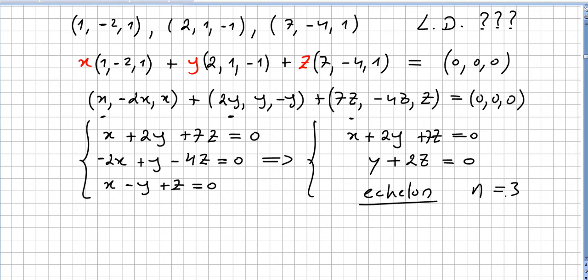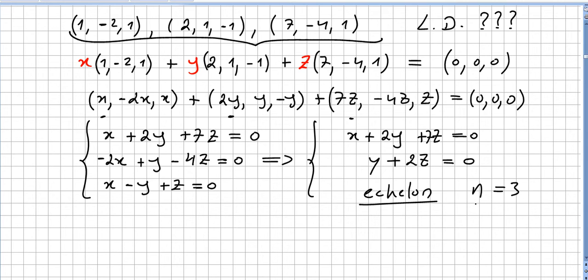The variables are 3, right? So the system has a non-zero solution. So the original vectors, they are linearly dependent. Rank 2 and variables 3, so we have a degree of indetermination here.